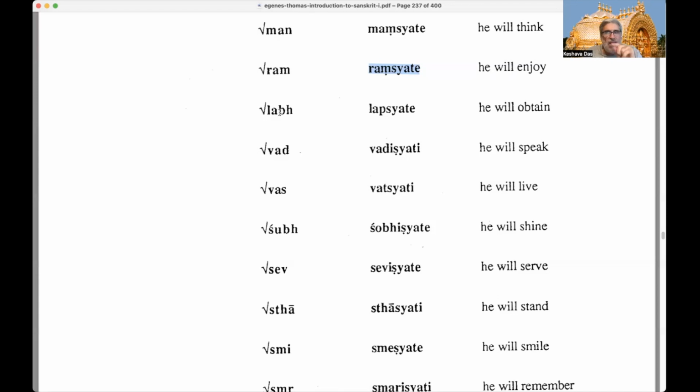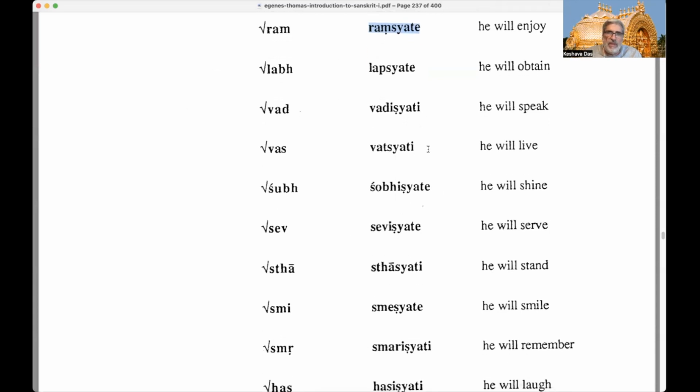He hasn't explained all these internal sandhis exactly yet, I don't think. We have to look at the original sandhi tables that he gave us and see if these are explained in the section on conjunct and consonant sandhi. The b becomes a p. So the lap, and we add sya, and we add te, right? So we get lapsyate, he will obtain.